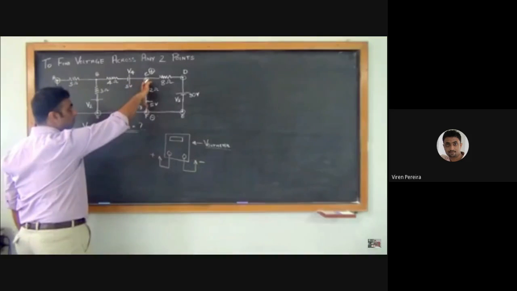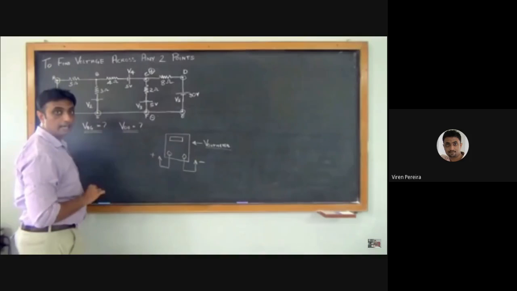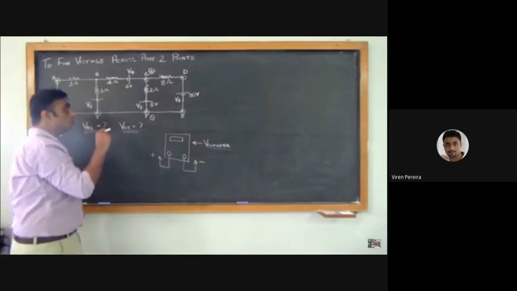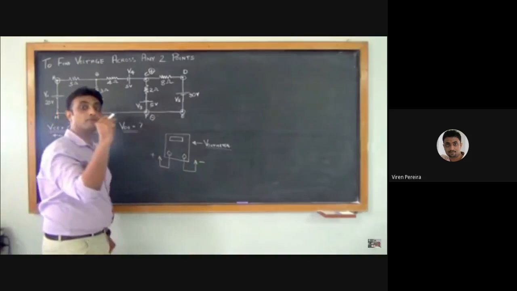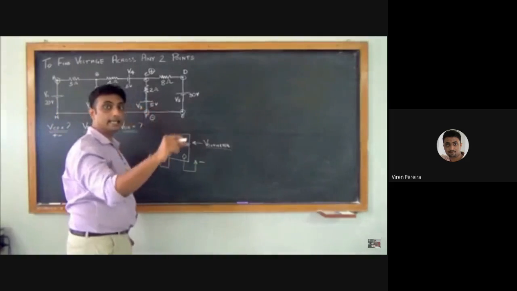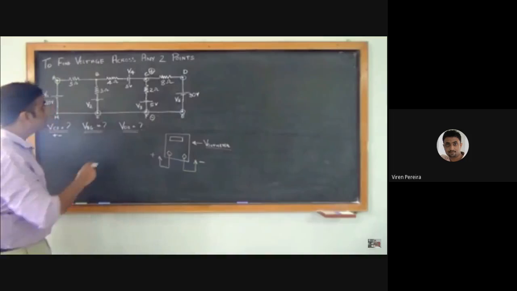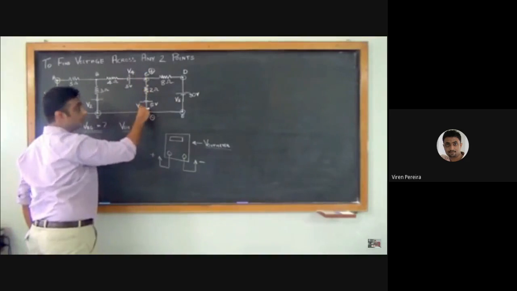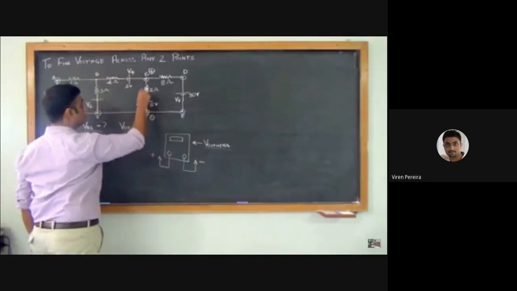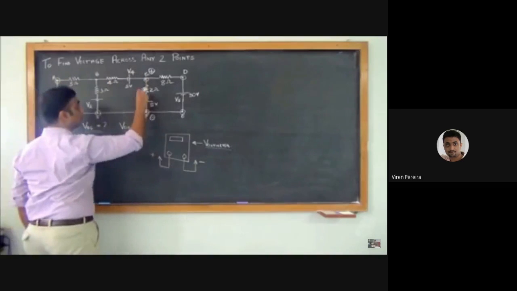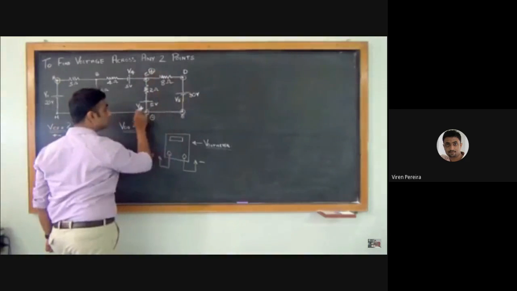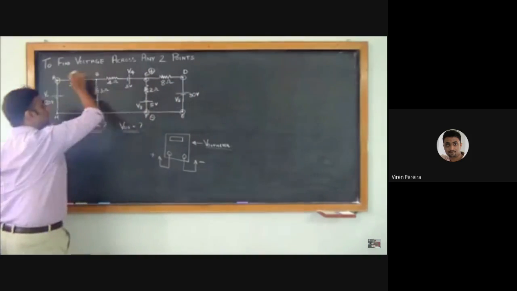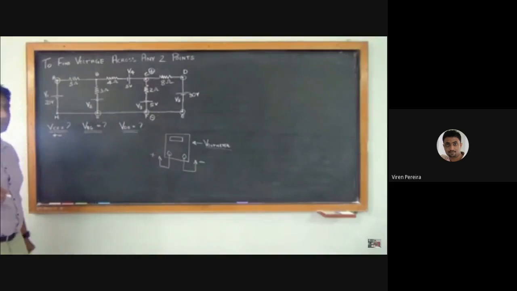So if we want to find out the voltage VCF according to KVL, which states that the sum of voltage sources in that loop equals the sum of voltage drops in that same loop, we can take any loop. We can take across this loop, this loop, this loop, or this loop. No matter which loop you take, you will get the same value.